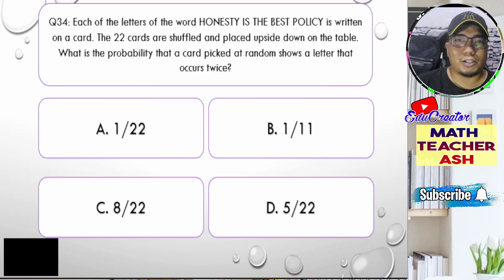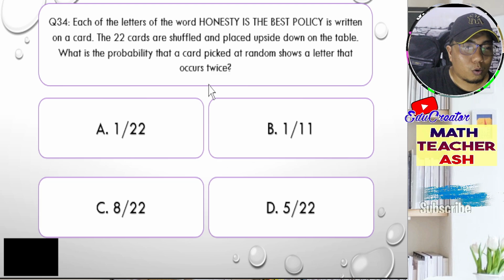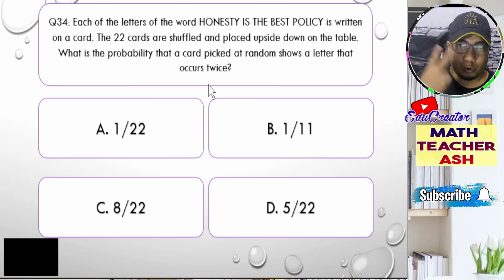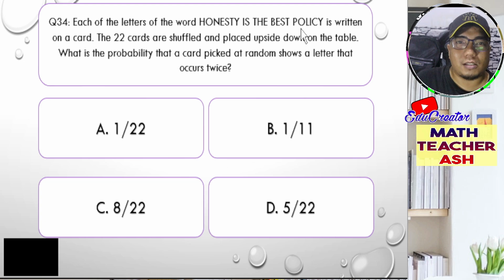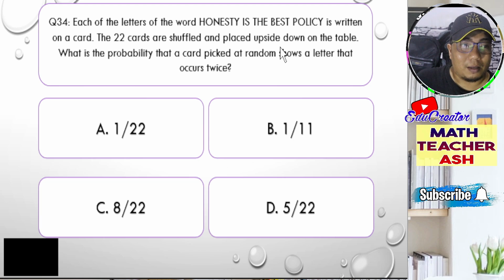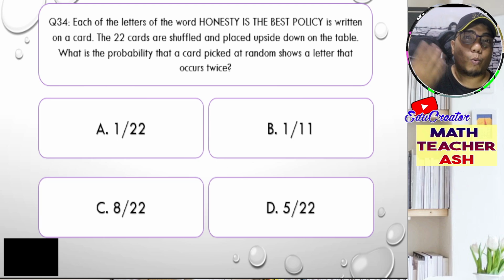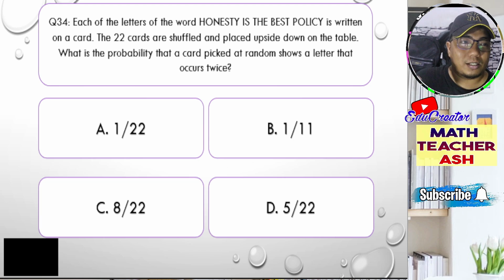Alright, math learners, the first thing you should do here in order to answer this question is to check what letters occurred twice, meaning 2 times. If we check the letters in "honesty is the best policy," some letters repeat but some occur only once, some twice, and some 3 times.